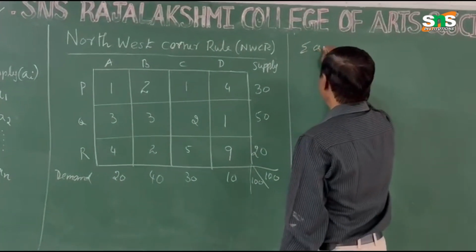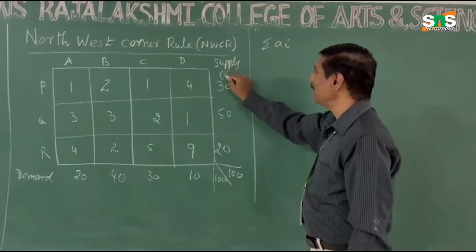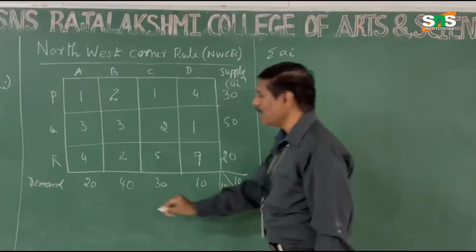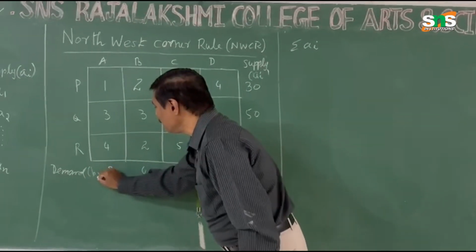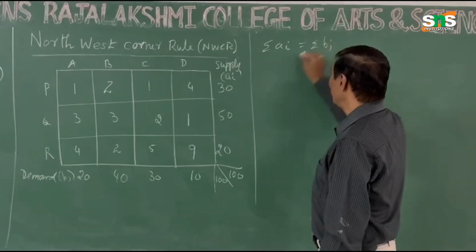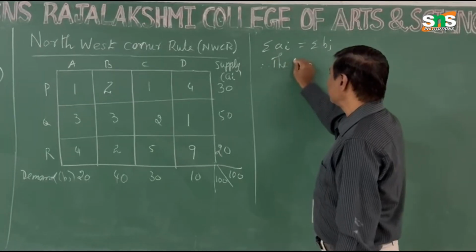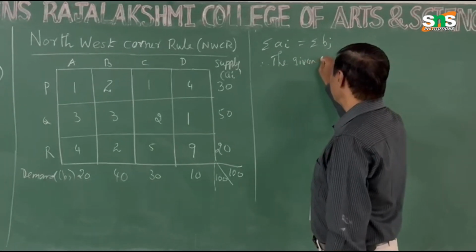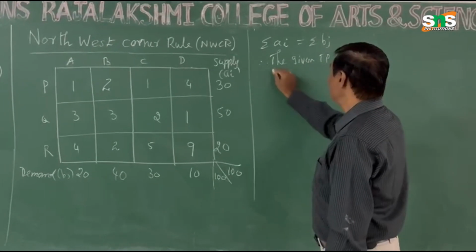So the sum of a_i means the total supply, and the sum of b_j is the total demand. If these two are equal, then it is balanced. Therefore, the given transportation problem is balanced.